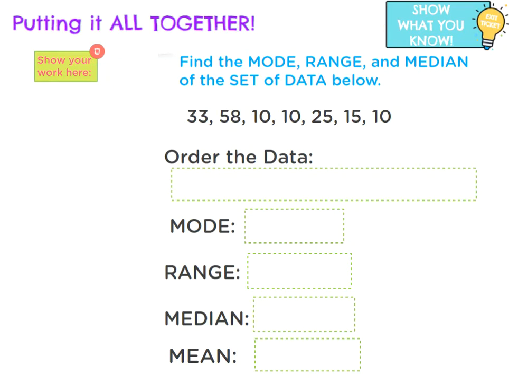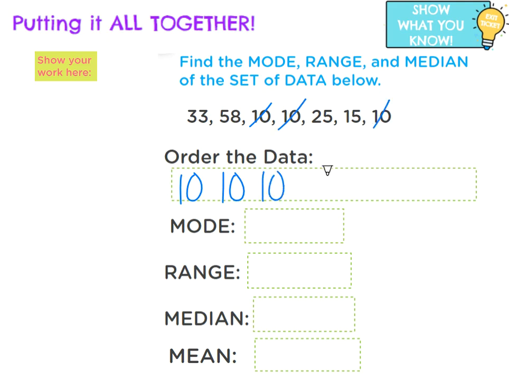So here we are at putting it all together. We're going to go through all of these quickly and find all of the information we need to get this done. So first we're going to order the data. We're going from the lowest number, and I like to strike the numbers as I use them so I don't forget anything.